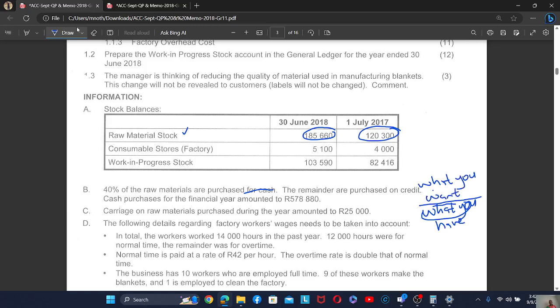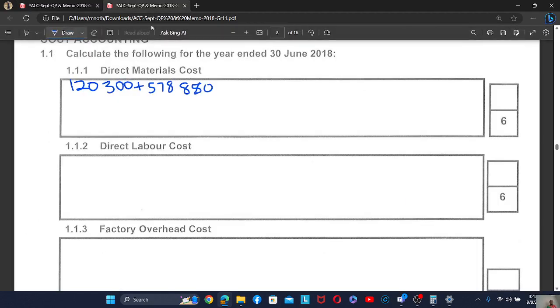So now we have the cash. The cash is 578.